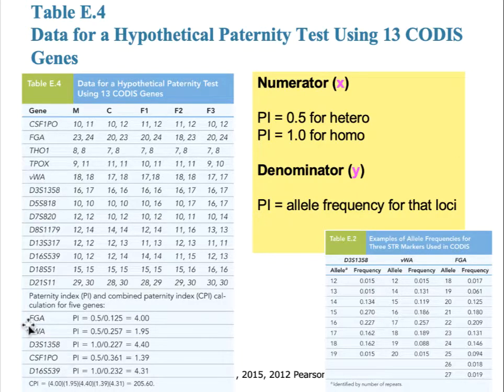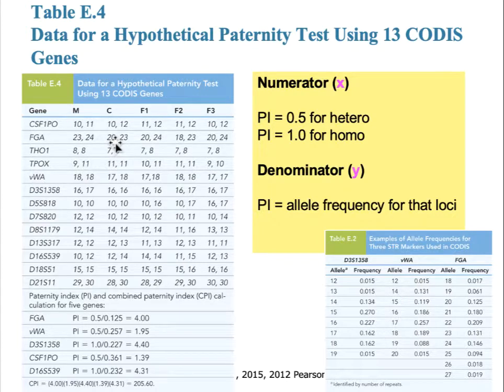Therefore, for the FGA allele that he passes through to his child, let's have a look at that first. The child is 20,23. The mother is 23,24. The child must have got 23 from the mother. There's no way the child could have got 20 from the mother because she doesn't have that.